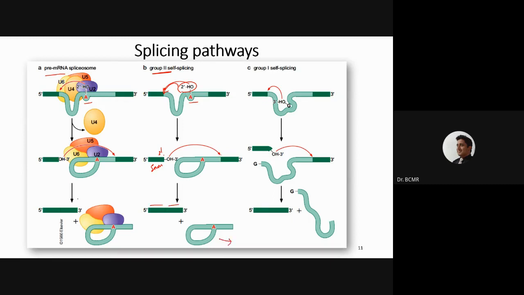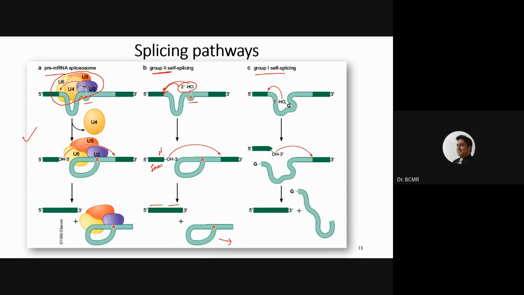The same is the case with nuclear introns, except that there is a complex of ribonucleoproteins involved in mediating this. In group 2 self-splicing, as the phrase itself says, they do not require these accessories. Instead, they undergo it by themselves.